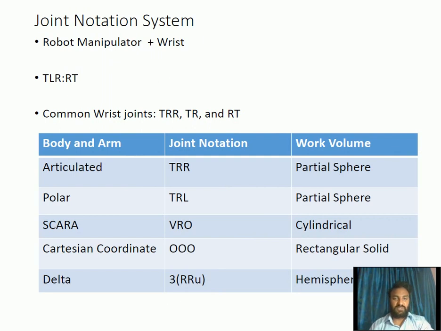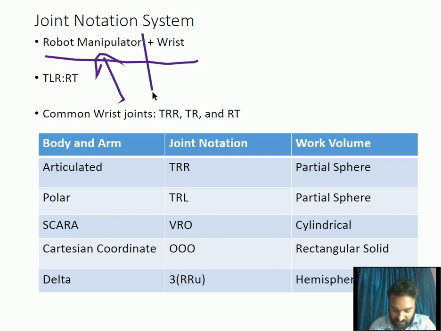So what is the joint notation system here? To notate the joints of the robot manipulator and wrist, we give three joints to the robot manipulator and 2 or 3 joints to the wrist. So TLR:RT, what does it mean? T for twisting, L for linear, R for rotational.